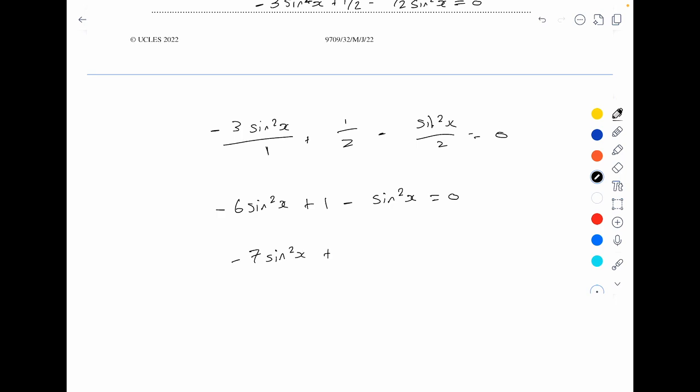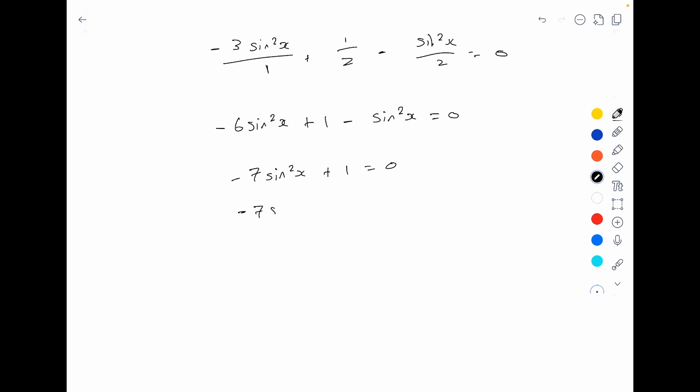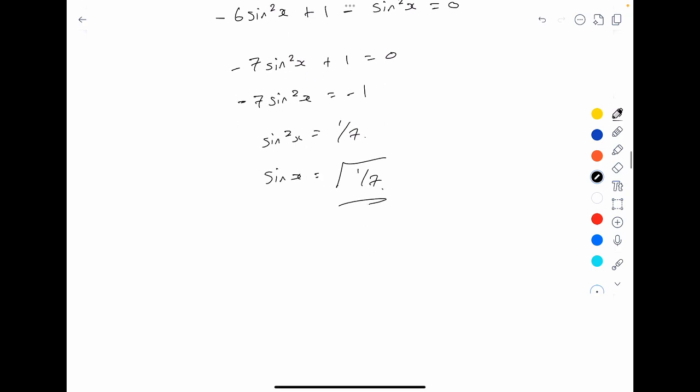Negative sine squared x plus 1 is equal to 0. Negative sine squared x equals negative 1. Sine squared x equals 1 over 7. Sine x therefore equals 1 over root 1 over 7, which gives us an answer of 0.38 radians.